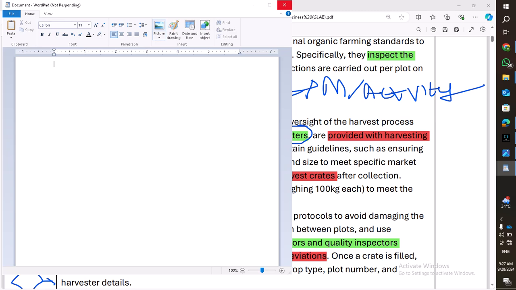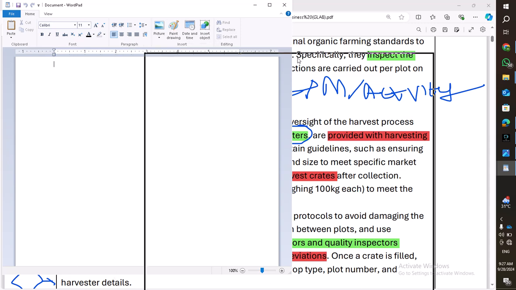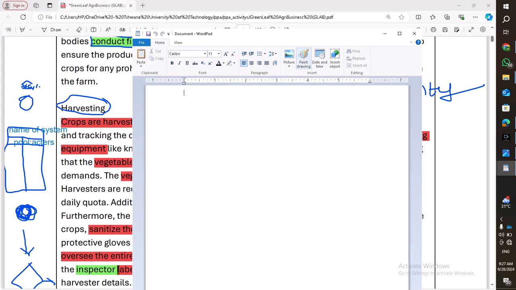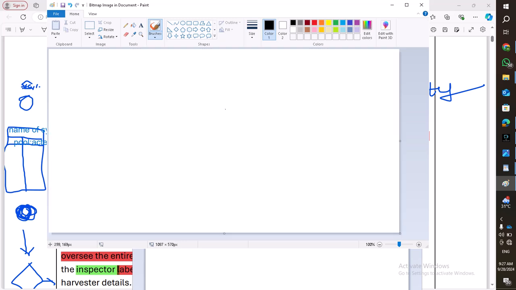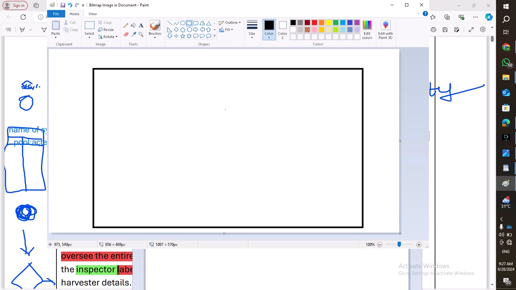Okay, first thing I would do, this is now the whole pen. First thing I would draw is my pool. Always remember, the pool always has lanes.